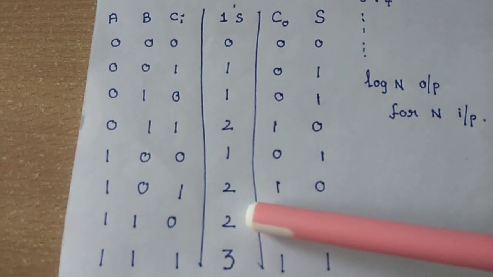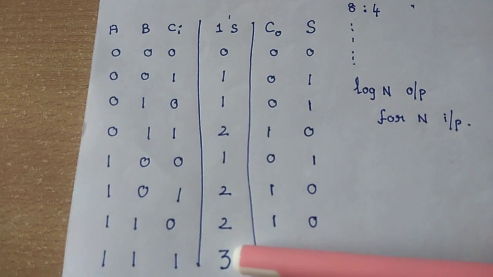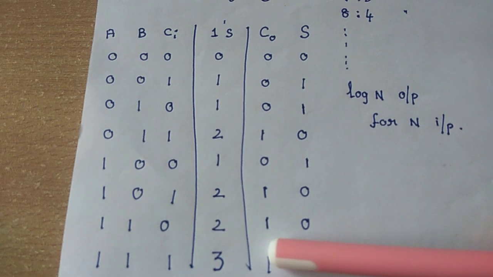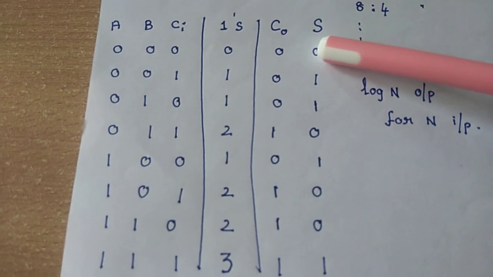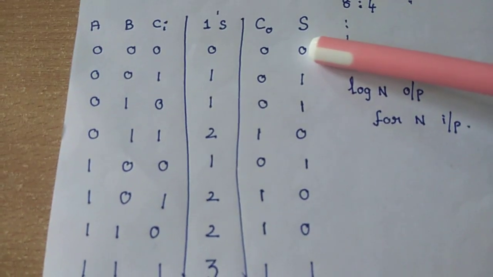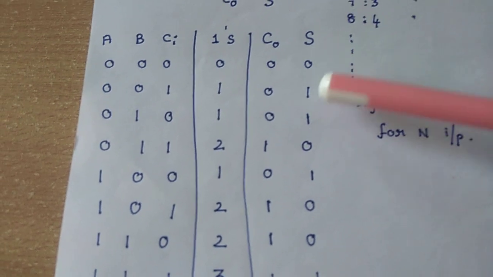Whereas if the input is 111, that is 3 ones, both the sum and the carry output are ones. In simple terms, if the number of ones is 0 or an even number, the sum output is 0. If it is an odd number, we get the sum output as 1.